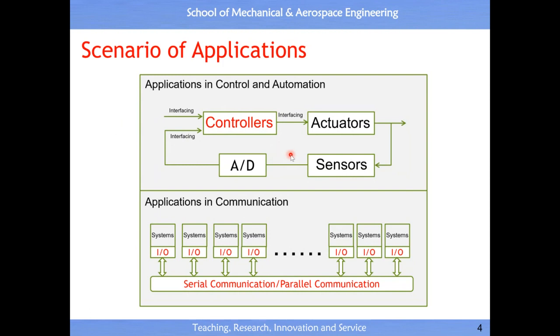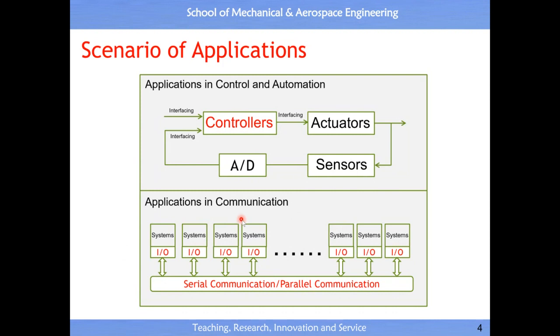If, let's say in future, you may be in charge of developing application with control and automation. Okay. The second motivation behind the study of this course is in future you may be in charge of a product or system which focuses on data communication, like this scenario.